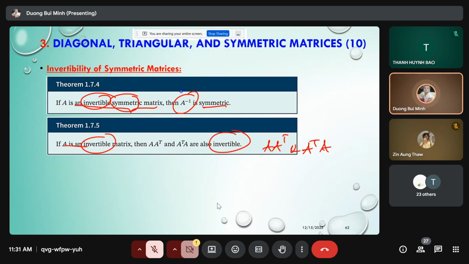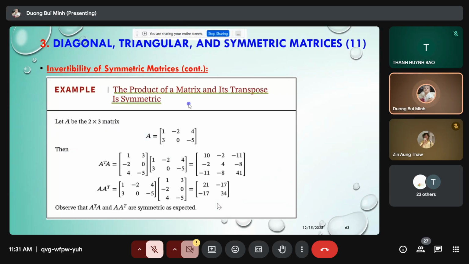Again, if A is symmetric and A is invertible, the inverse of A is symmetric. Here we have A. The transpose of A times A is here, and A times transpose of A is here. And this is diagonal, so this is symmetric.